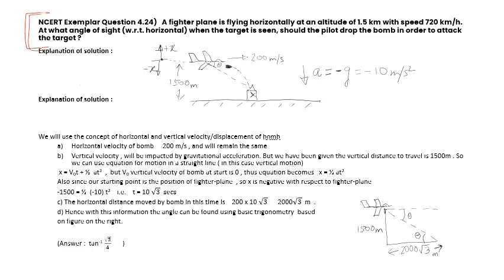The only unknown now is t. As I said, the vertical velocity of the bomb was 0, hence this equation just reduces to x equal to half a t square. x we know is 1.5 kilometers, a we know is gravity, and we just need to find t. Now using this formula, we find that t is 10 root 3 seconds.